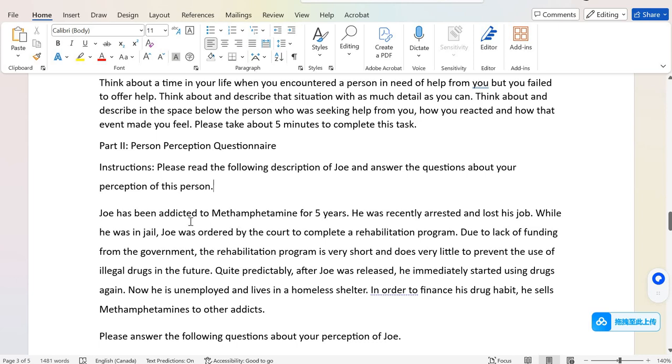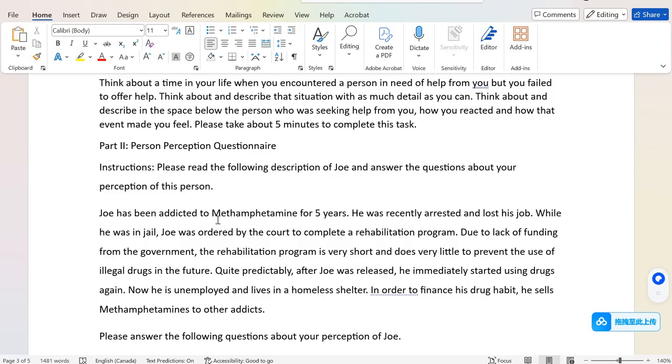Here's a description of Joe. Joe has been addicted to methamphetamine for 5 years. He was recently arrested and lost his job. Methamphetamine was illegal. While he was in jail, Joe was ordered by the court to complete a rehab program.